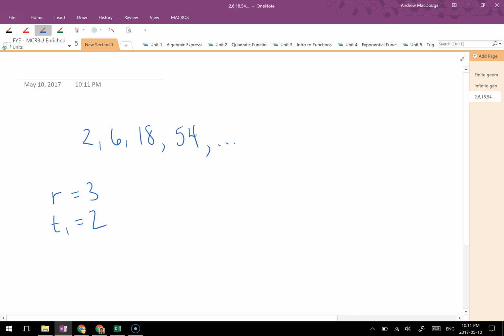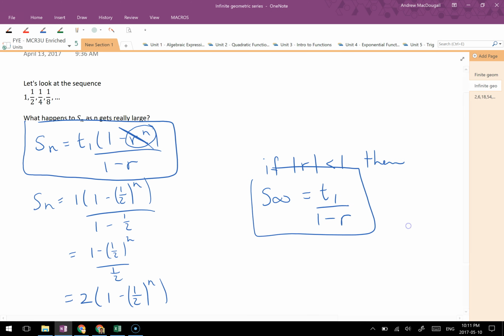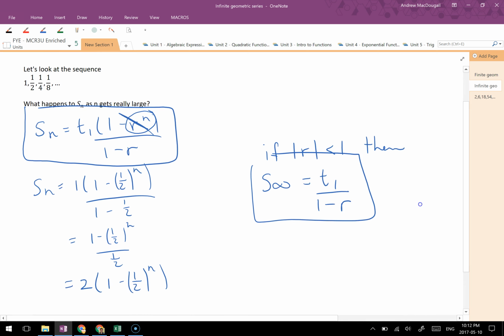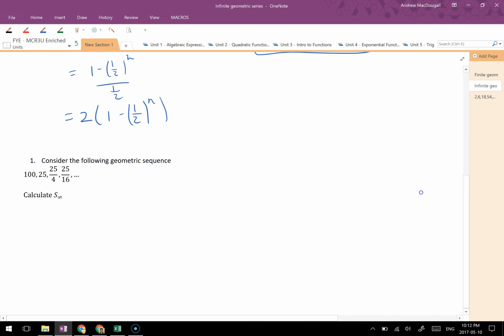Now, if I add up all the terms, 2 plus 6 plus 18 plus 54, all infinity of them, that is never going to give you a finite number because each term is bigger than the last. But in the sequence we just looked at, each term gets small. As n gets big, they're insignificant. And so really you just get closer and closer to 2. That's your upper limit.